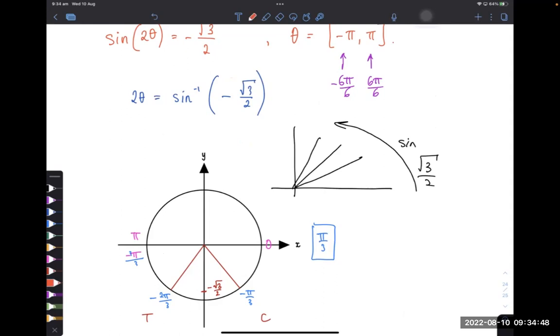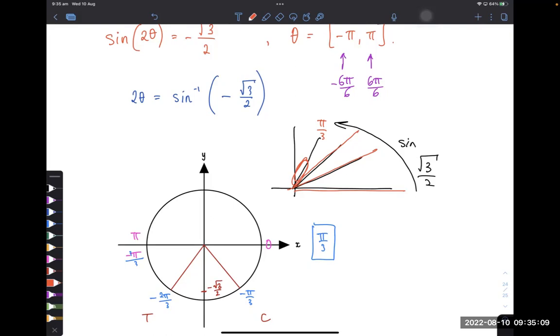So I've got to have this finger up, this finger up, this finger up, and this finger down. That's your pi on 3 finger. That gives me √3 on 2 for sine. Does that make sense?